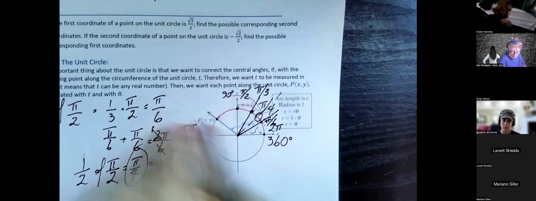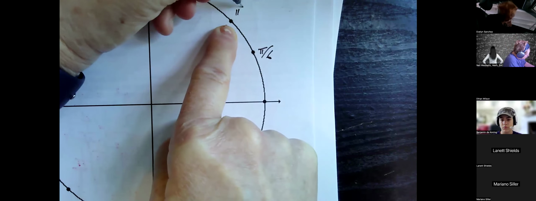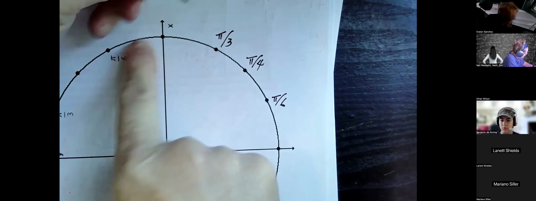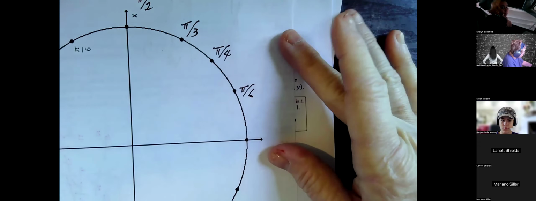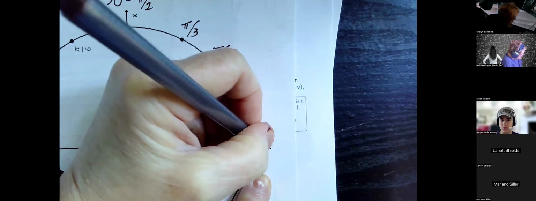So I'm going to do that on this bigger circle. Here we go. So we have pi over 6, pi over 4, pi over 3, and pi over 2. And now I want to fill in the degrees. So I know that pi over 2 is 90. And 0 is pretty easily 0 degrees.